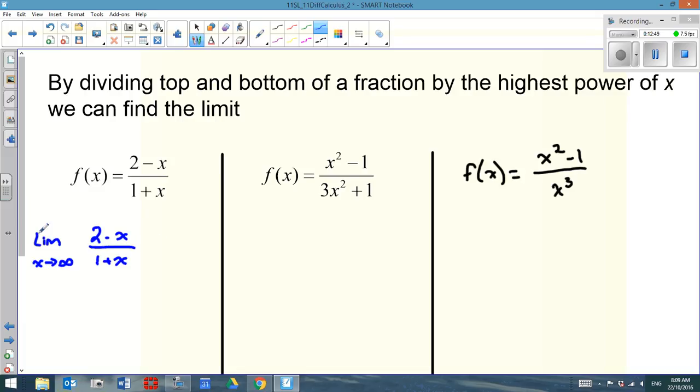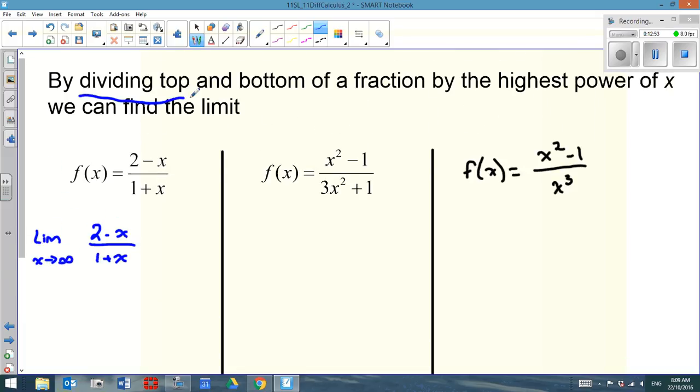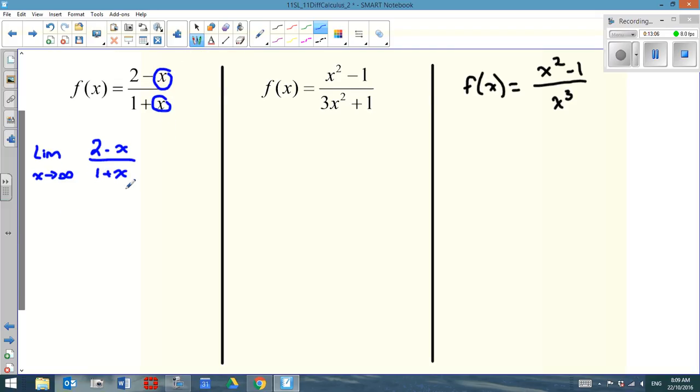In order to reduce it down to actually analyze it, I'm going to divide the numerator and denominator of the fraction by the highest power of x. My highest power of x in this problem is x. These match. They both are a power of 1. So I'm going to divide through each of the terms.